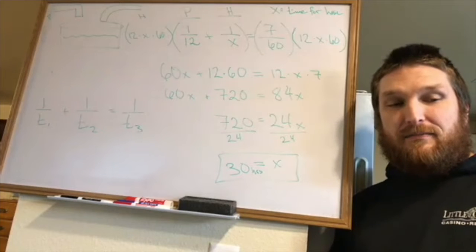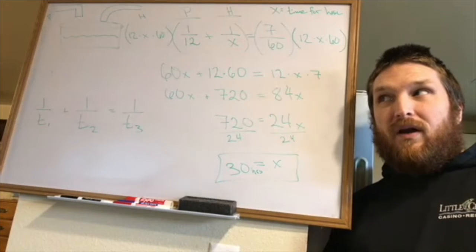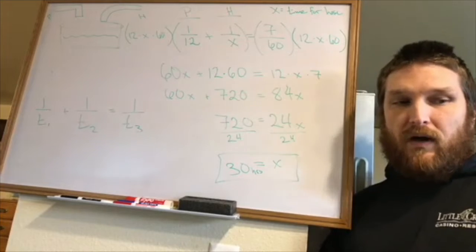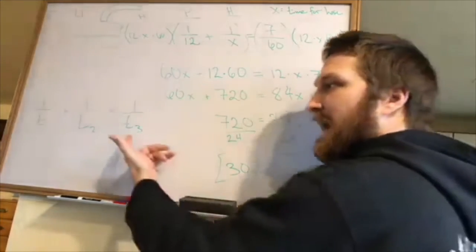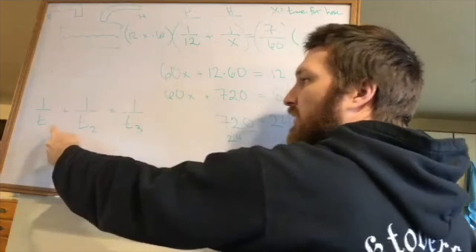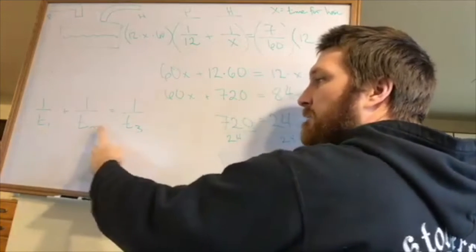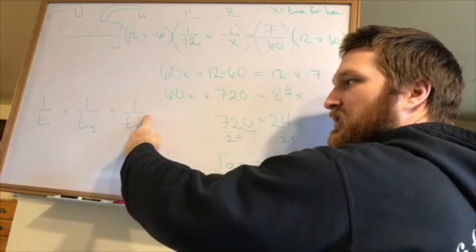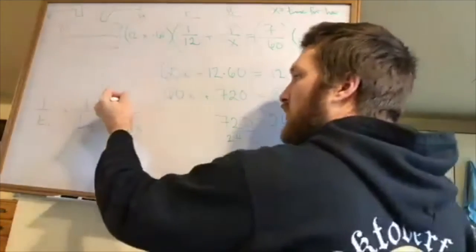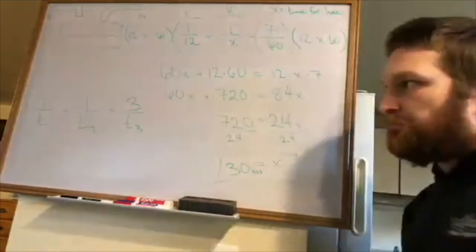How long does it take them to do it? Well, what if they said, how long would it take them to paint 3 rooms? Then we wouldn't be asking how long it takes to do one job. This is their rate, this is their rate. We would be asking how long it takes them to do 3 jobs.